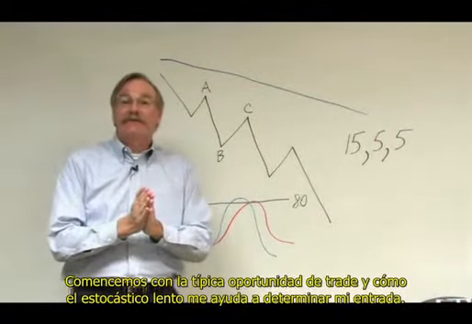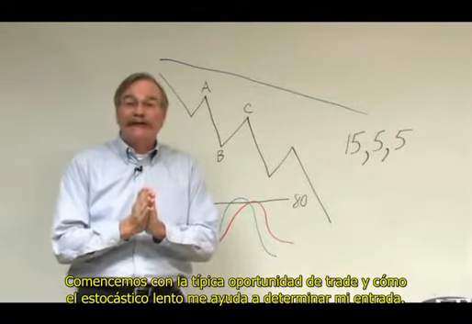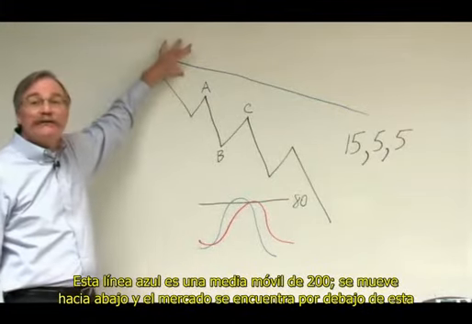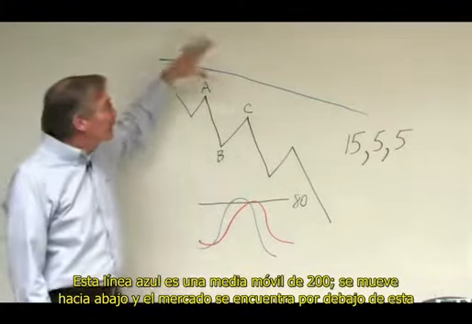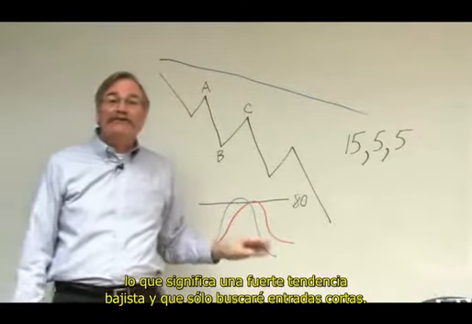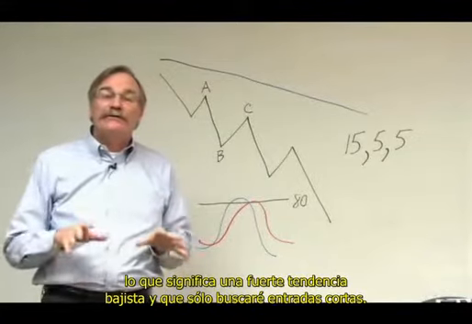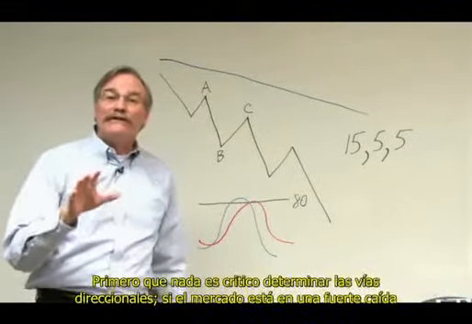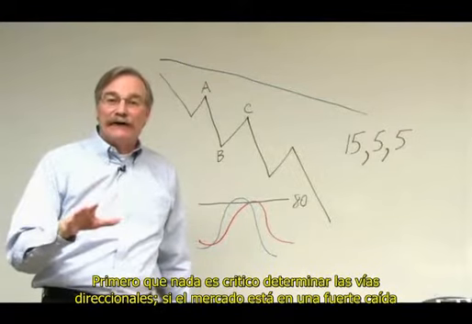So let's start with a typical trading opportunity and how I would use slow stochastics to help me identify my entry. Now, this blue line would be a 200-day simple moving average. It is moving down, and the market is below the 200-day simple moving average, which means a strong downtrend, which means I'm only looking for selling opportunities. Okay? First of all, it's key to identify your directional bias.